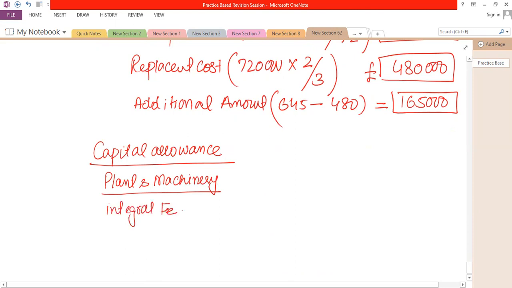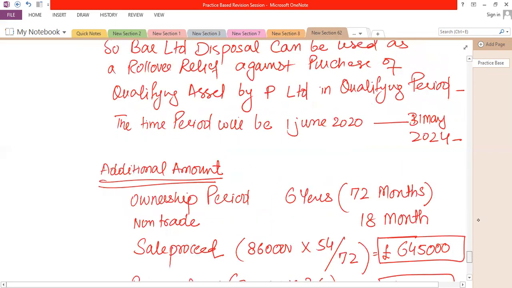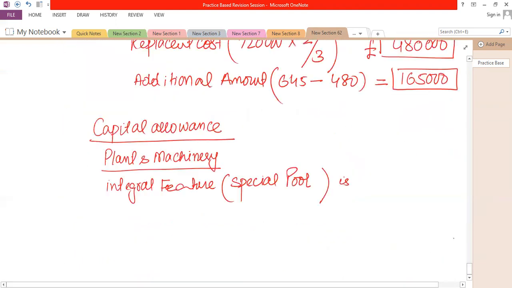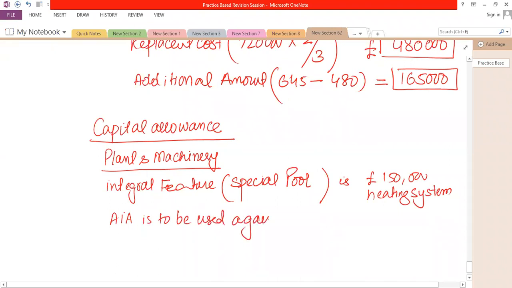An integral feature in my example, which would be part of a special pool item, is the water and heating system, which cost 150,000. So annual investment allowance is to be used against it first.